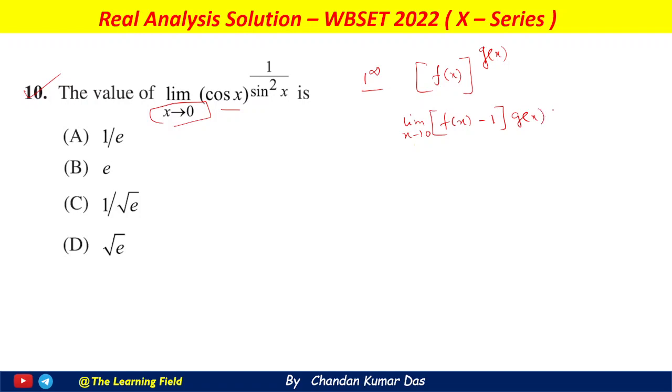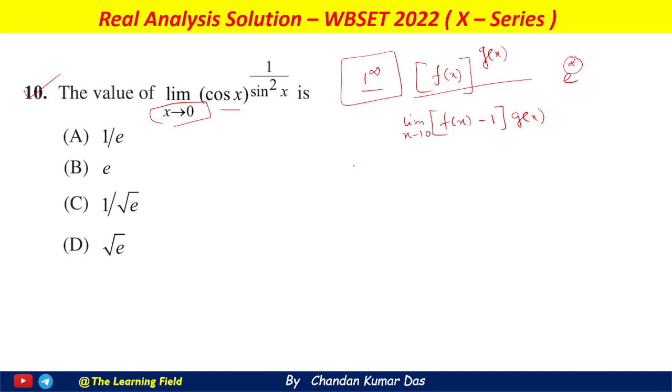This is the method to solve the 1 to the power infinity form of limit. After calculating the limit, we just put the value in the exponential power, the value which we get from this calculation.